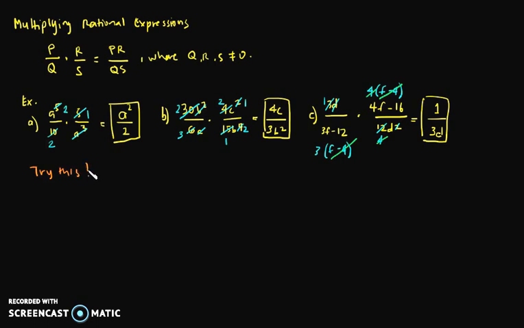Letter A: 7 over x to the 4th times x to the 5th over 21.